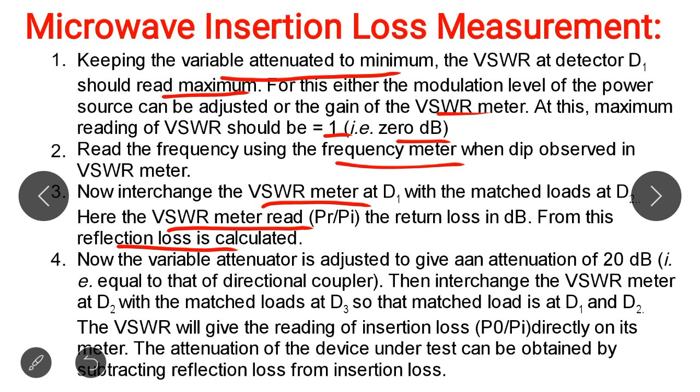Now the variable attenuator is adjusted to give an attenuation of 20 dB, that is equal to a directional coupler. Then interchange the VSWR meter at D2 with a matched load at D3, so that there are matched loads at D1 and D2, and the VSWR meter will give the reading of insertion loss, that is P0 divided by Pi, directly on its meter.